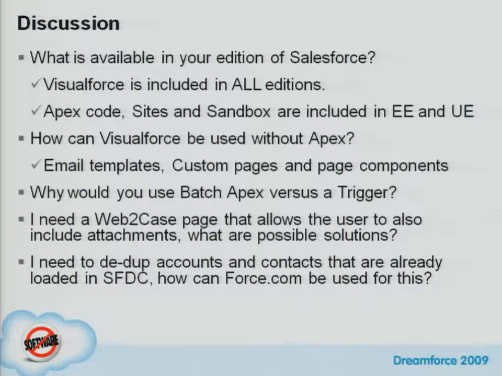Doing a dedupe process in Salesforce is something that you have to analyze. If you did it with batch Apex, it's not like you're going to bring up things and let a human pick and choose which one is going to be the new one. So you'd have to understand the business requirements to see if you could really do it in a batch fashion.